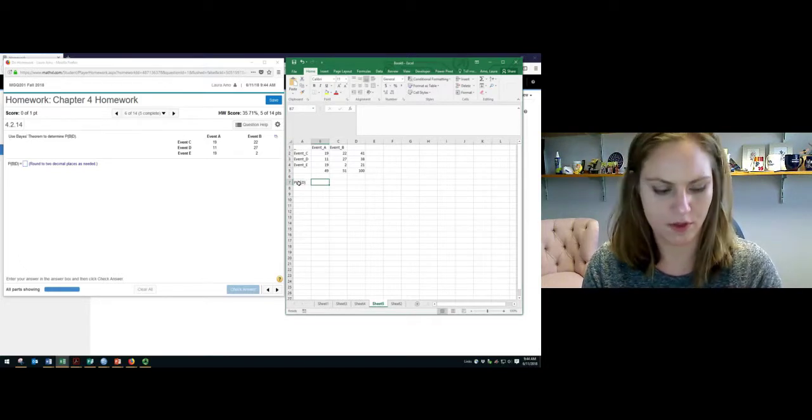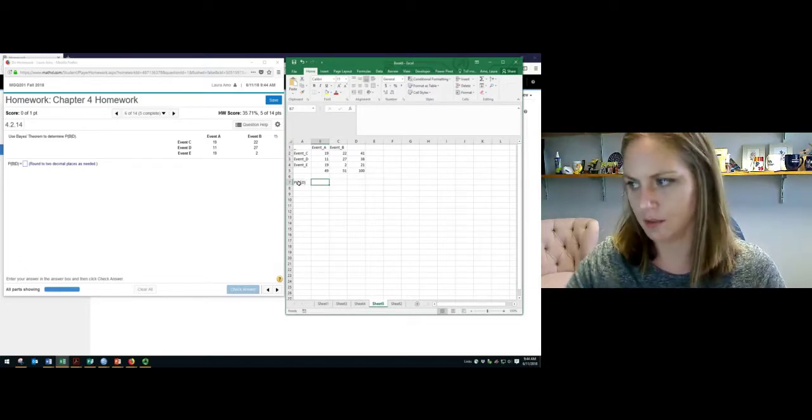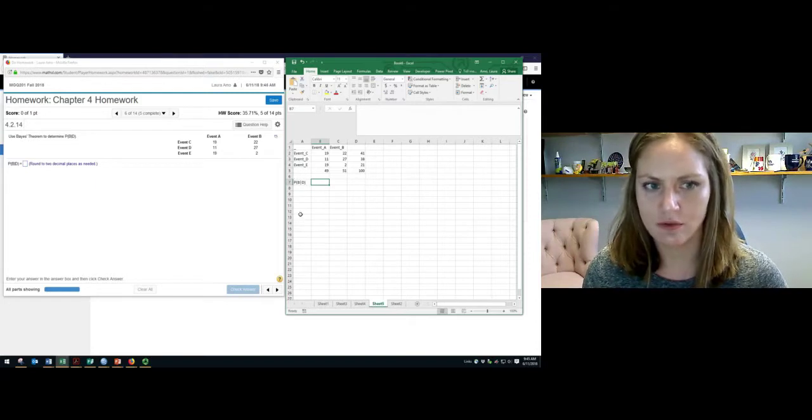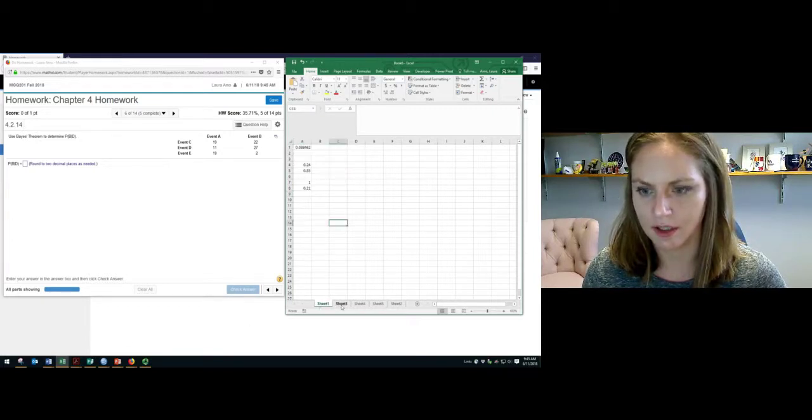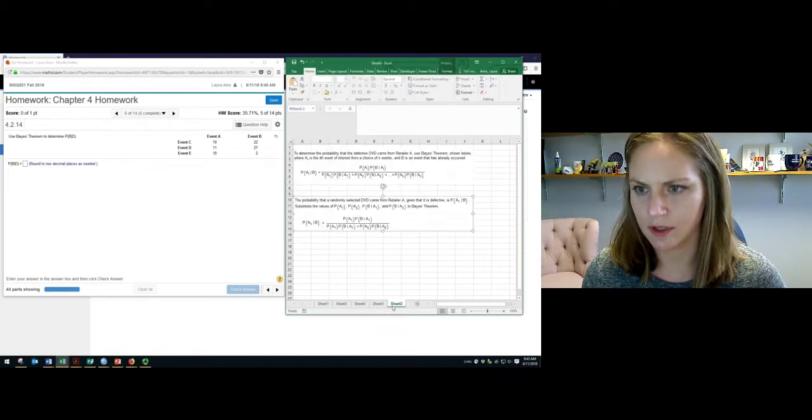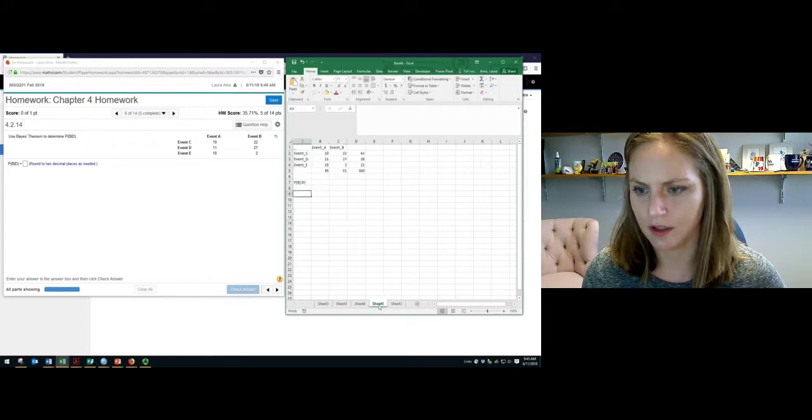Okay, so I'm going to show you how to do this a couple different ways. To actually use Bayes' theorem, essentially what we would do is take the probability of, in this case, let me just pull this out here.